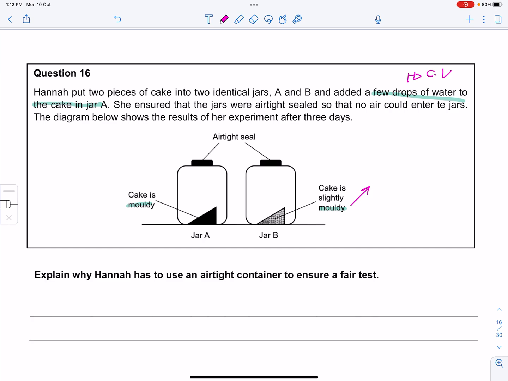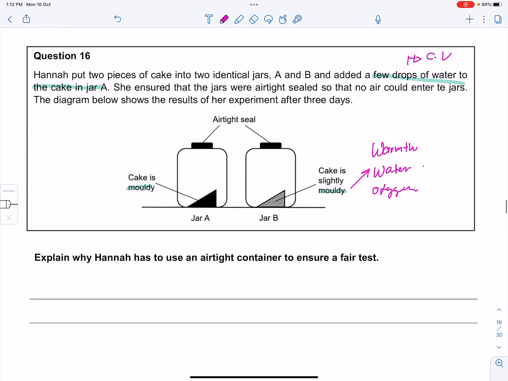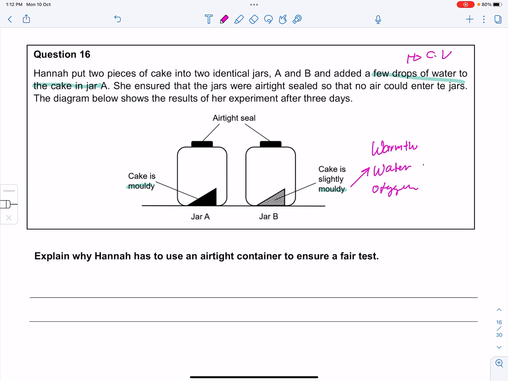You would have your warmth, you will need your moisture, and your oxygen, or air, that you need to grow, okay? So then they ask you, how come you use an airtight container?